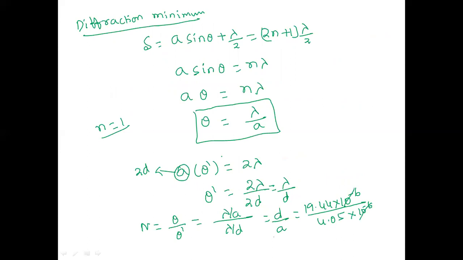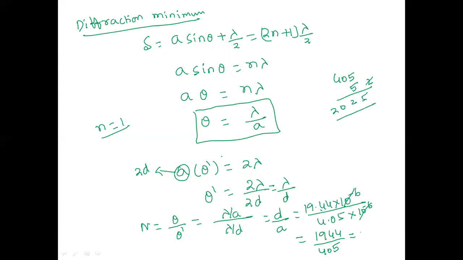Right? Approximately, how much will we get? 1944 by 405. 405 times 5 is 2025.